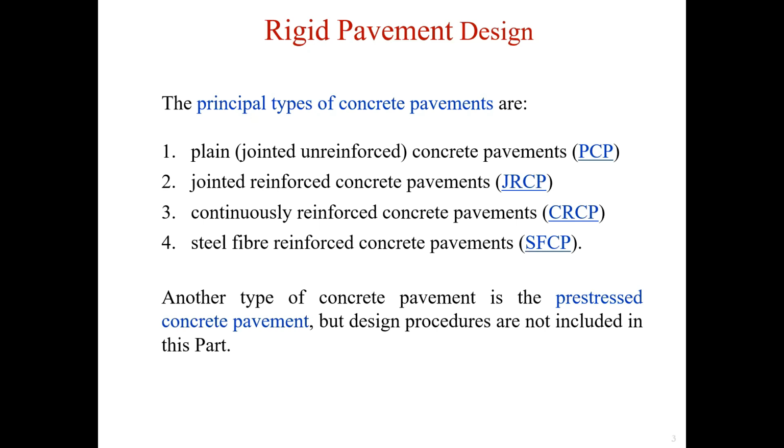There is also another type of concrete pavement, the pre-stressed concrete pavement, but we are not going to discuss its design procedure in this lecture. Now let's look at the details of each type of the above four concrete pavements.